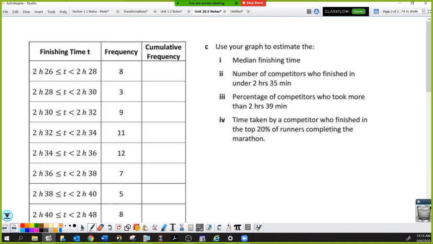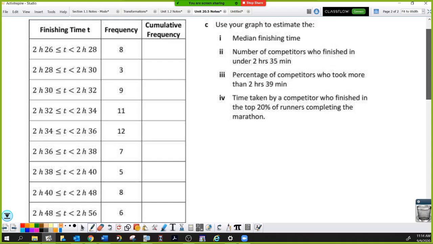You will notice that I've reconstructed the table and added the cumulative frequency column. I only have part C on the back. Part A was to construct a cumulative frequency distribution table. Part B was to represent the data on a cumulative frequency graph, which is down below.